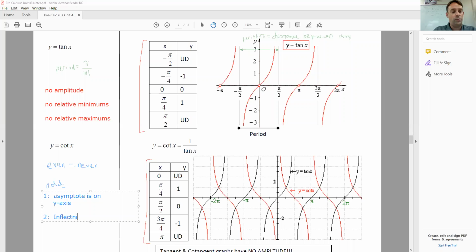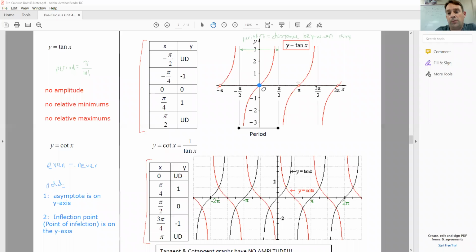and actually in calculus we call this point of inflection, not inflection point, is on the y-axis. That inflection point is where the graph goes from opening down to opening up. Let's see here. That inflection point is right there.